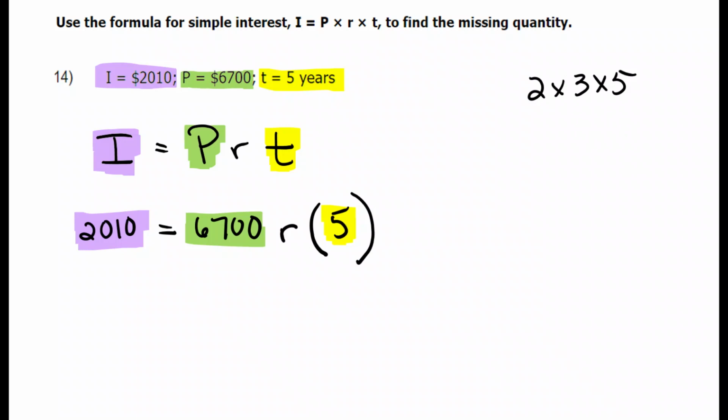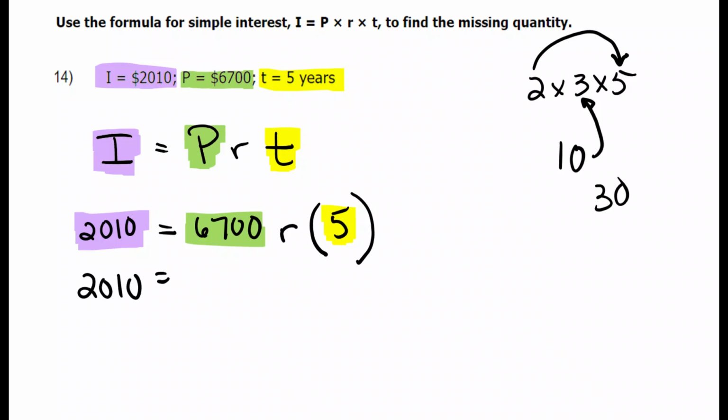Or if I did the 3 times 5 first, that's 15, and then multiplied it by the 2, well, look at that. It's still 30. Or I could multiply the 2 times the 5 first, which is 10, and then take the 10 times the 3. Well, look at that. It's still 30. So it doesn't matter. You can multiply them in any order that you want.